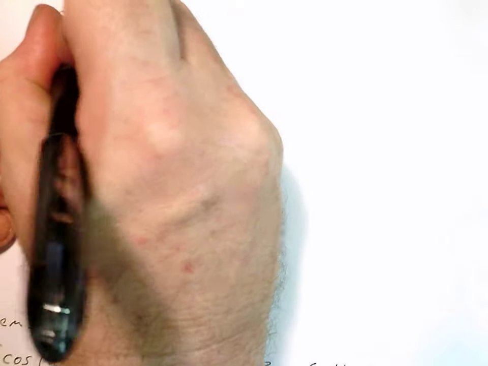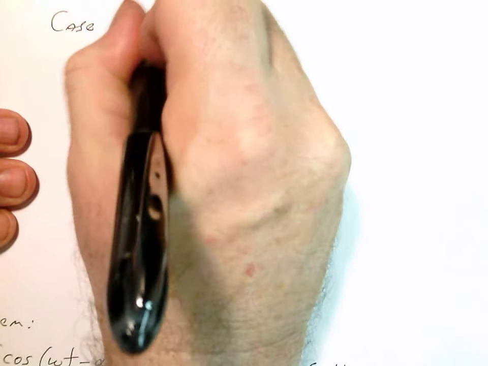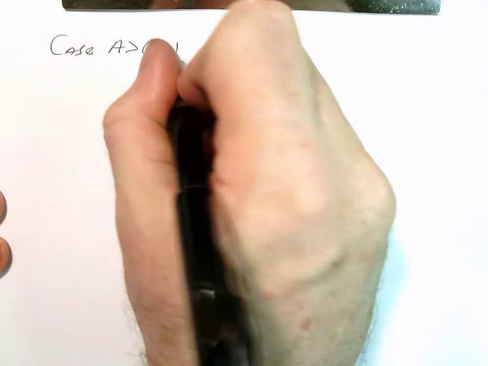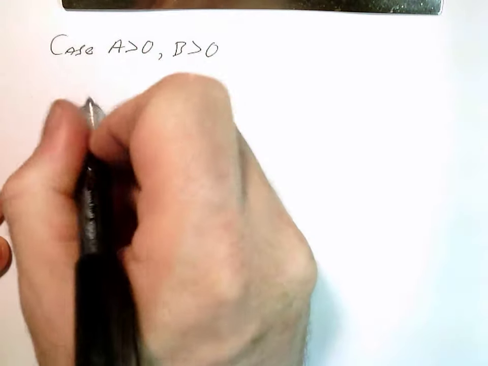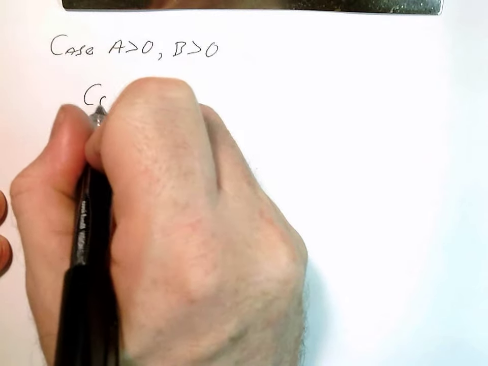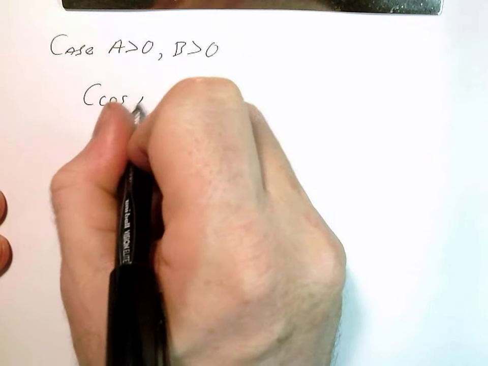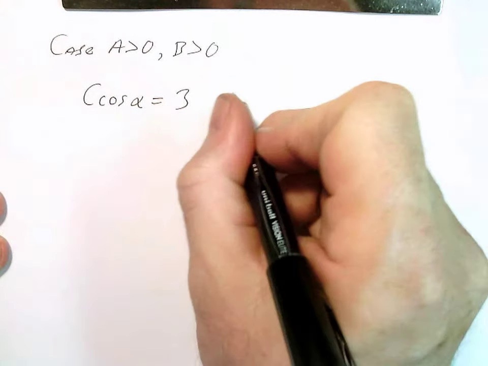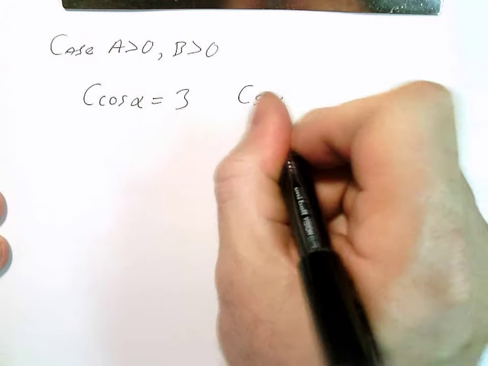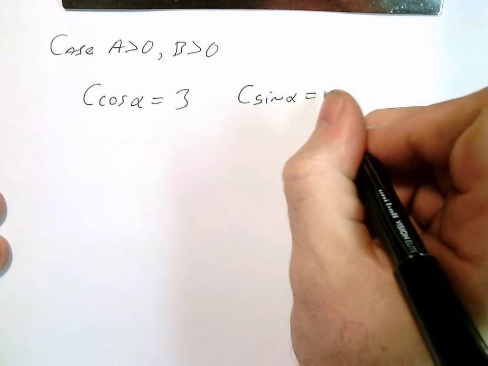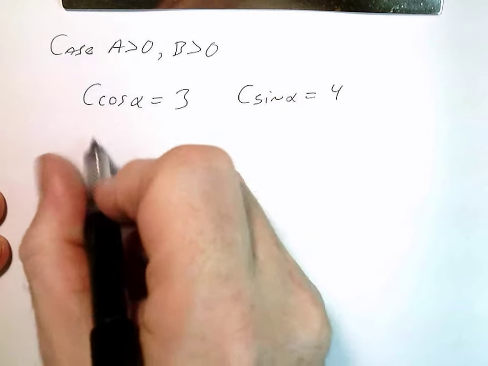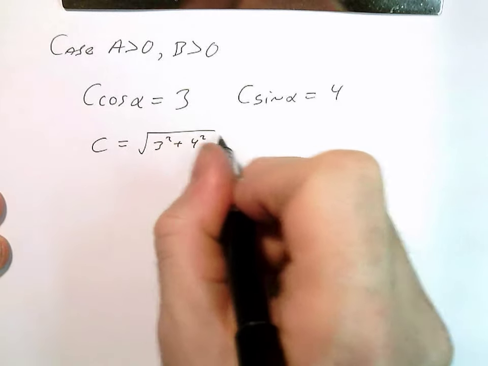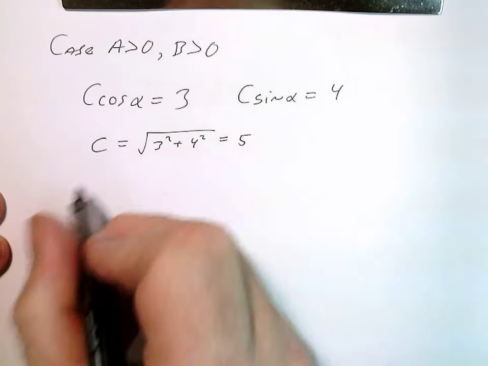So this will be my case. A is positive, and B is positive. So maybe I have C cosine alpha is, say, 3, and C sine alpha is 4. So C is the square root of 3 squared plus 4 squared, which is 5. That's why I chose it.